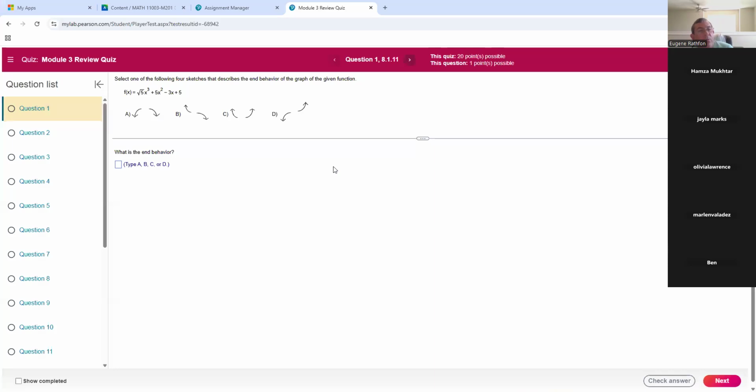All right, y'all. So the highest exponent is 3, so that's a degree 3 polynomial. Square root of 5 is positive. So when you got an odd degree and a positive lead coefficient, what would y'all choose? A, B, C, or D?